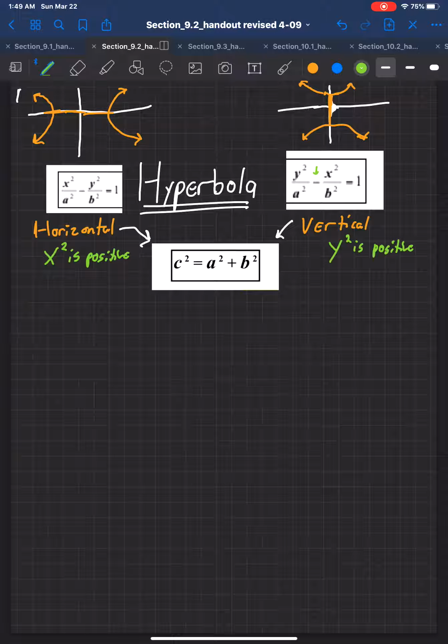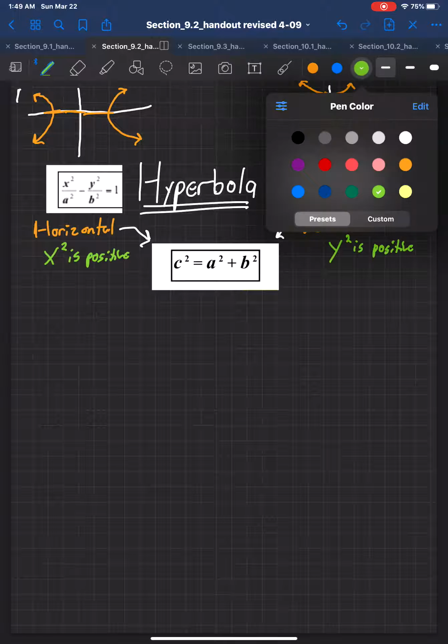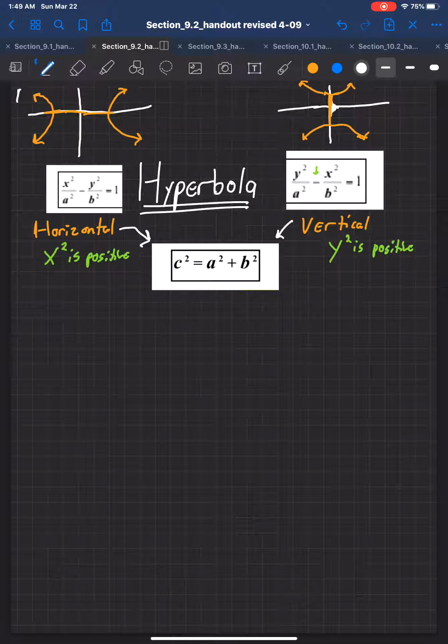So what we must have is the relationship between the vertices and the focal points. Now, I'll say something really quickly. The distance A is always on the transverse axis. You may ask, okay, Professor, I understand where the focal points are and how A represents the transverse axis, but what is the B in this problem?